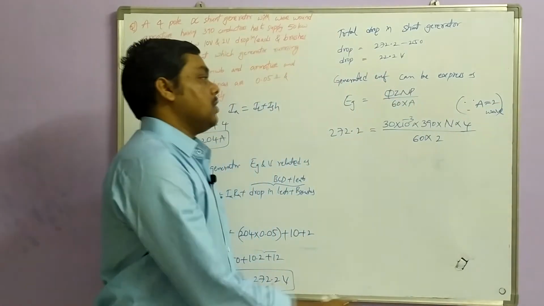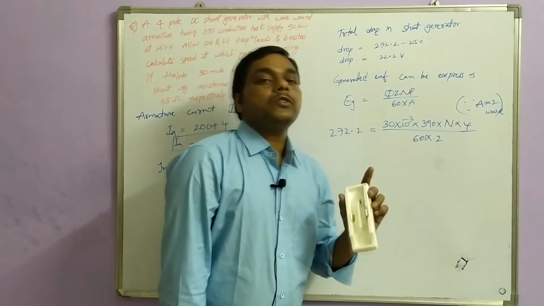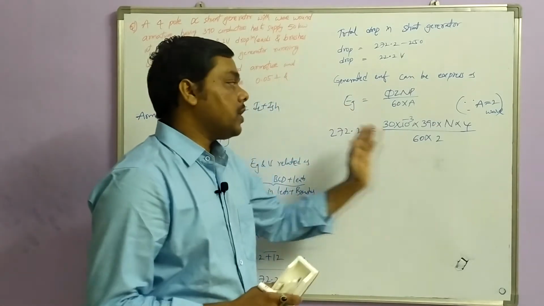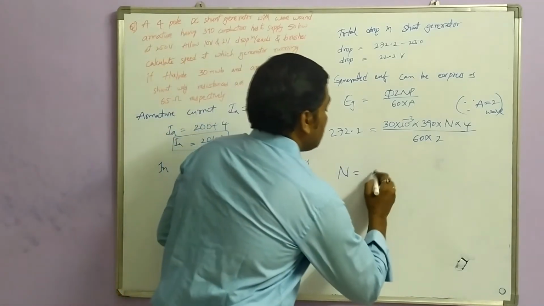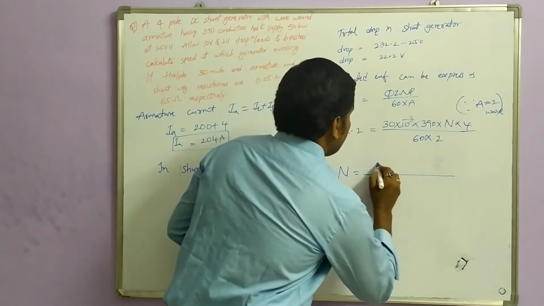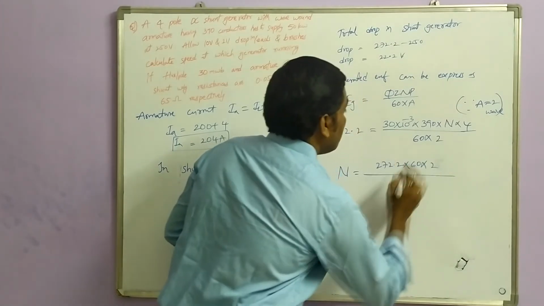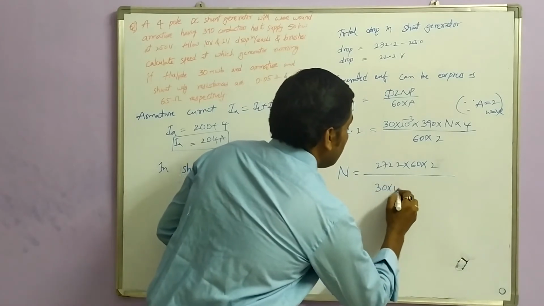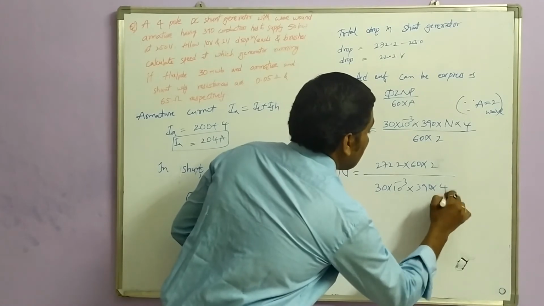Okay. Now you see we know all the parameters except speed, so you take the unknown parameter to the left hand side. Now N is equal to 272.2 into 60 into 2 divided by 30 into 10 power minus 3 into 390 into 4.